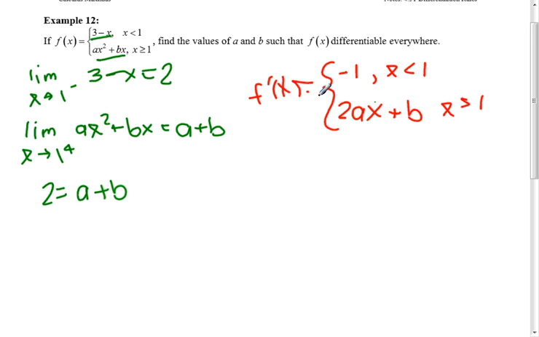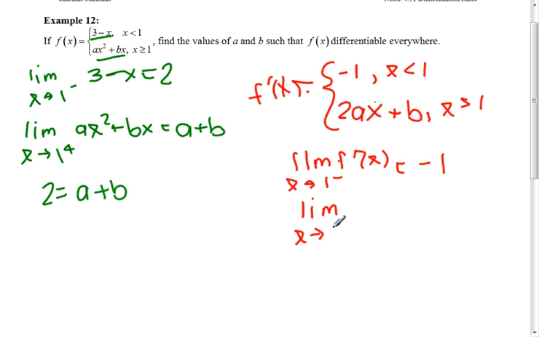Alright, so in order for this to be differentiable, the slopes both have to be the same. Okay, so if we take the limit of our f prime function from both sides, if we look at the left side, the slope's negative 1. If we look on the right side, we're plugging it into this part now, f prime of x.